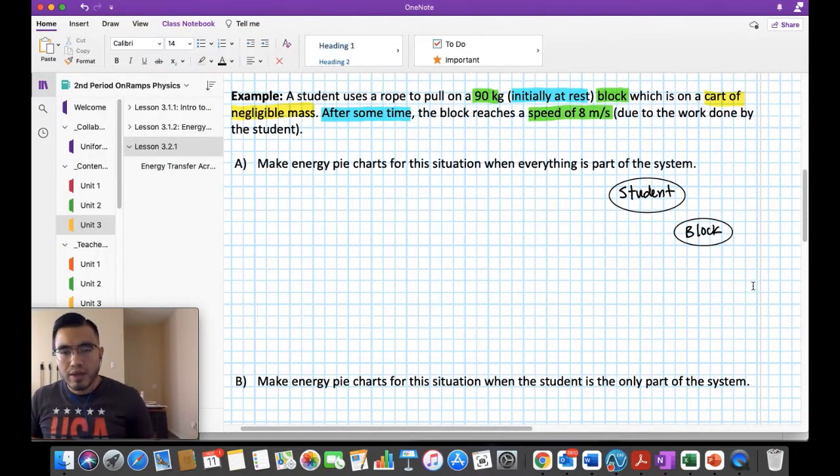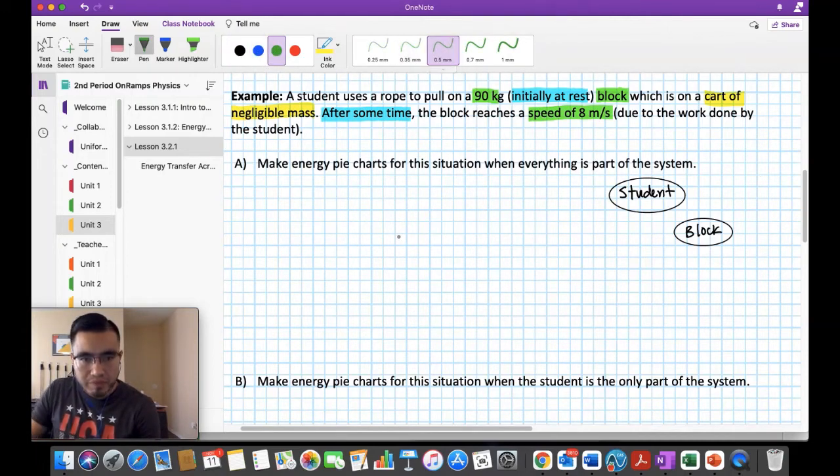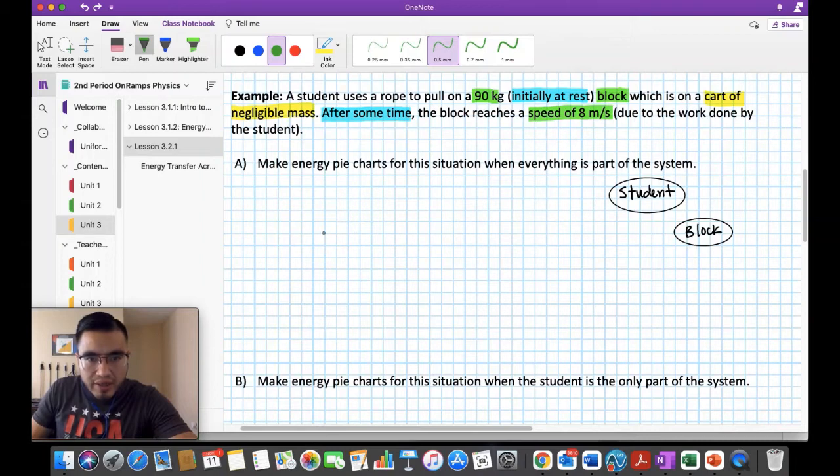Now, some of you might say, and we have the earth as part of the system. Now, let me show you what is not necessary. So let's say we have a green student, right? So again, you're about to be delighted with my drawings. So we have the student pulling.